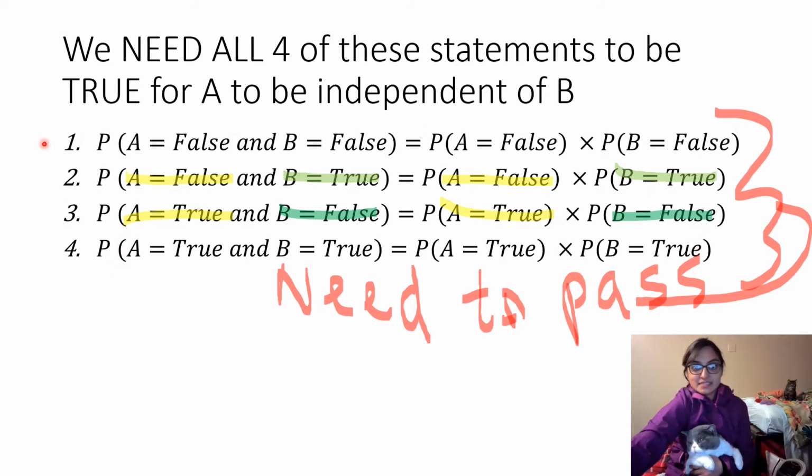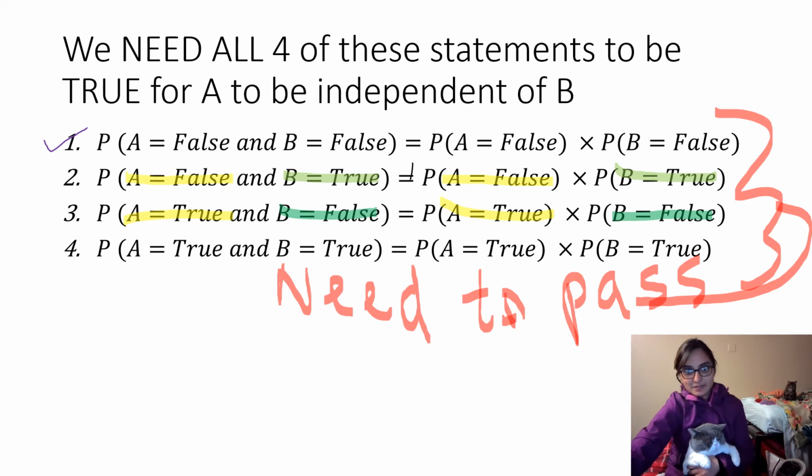But the idea is that if even one of these fails, you can just stop and you don't have to proceed. Let's say that this one failed, for instance. If this one failed, you don't have to go on and do the second, third, and fourth tests here. Or let's say the first one passed, and then let's say the second one failed.